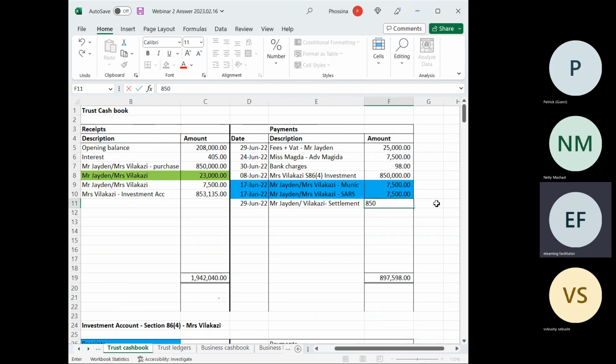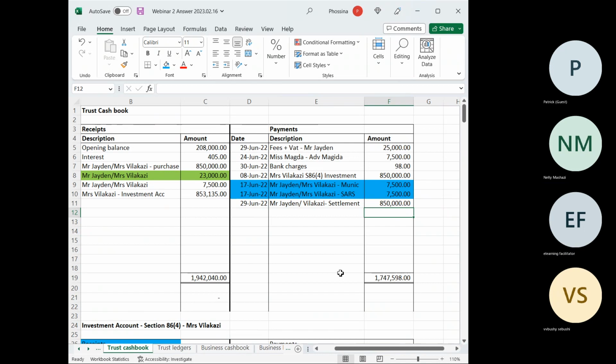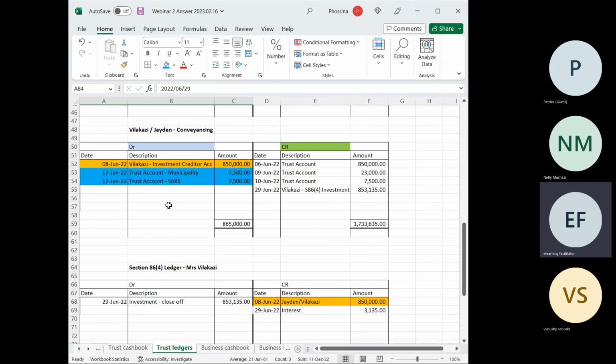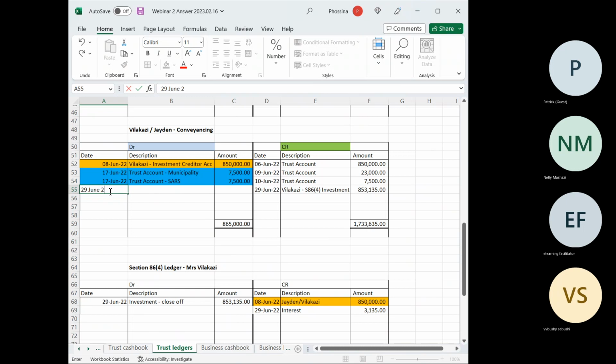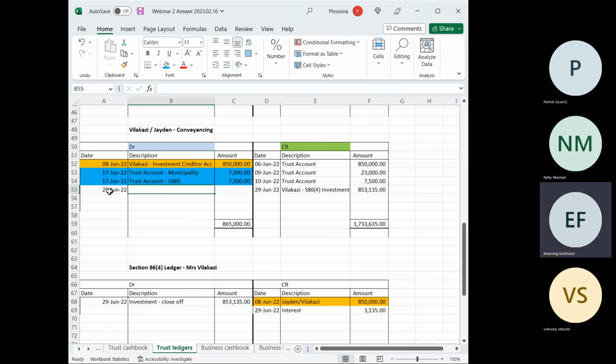And then we are paying the settlement, which is 850,000. We are clearing his account. Okay, and then we go to our trust ledger as well. We have paid 850, so we are also reducing the trust balance. So this is coming from the trust account, and this is to Mr. Jaden. And how much? It's 850,000.